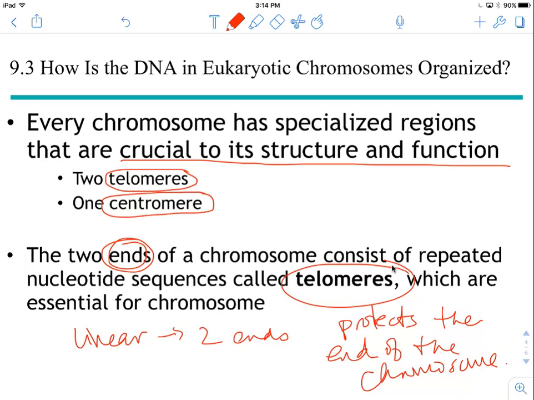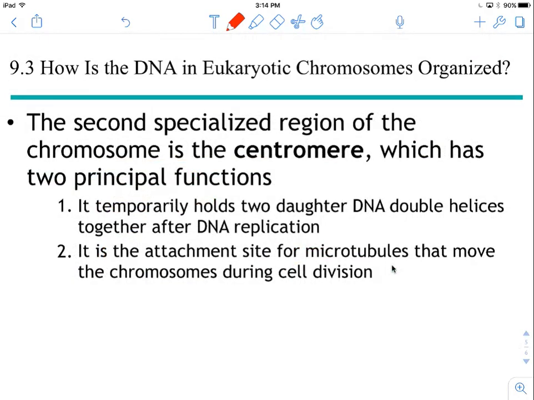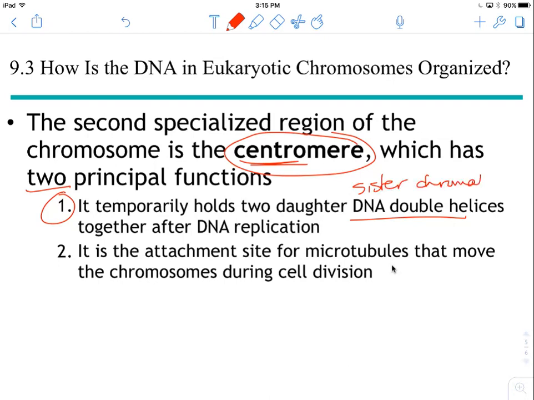Okay, so the telomeres are the ends, and the centromere is in the center, or near the center, of the chromosome. And it has two principal functions. First of all, it holds the two daughter DNA molecules, which we also call sister chromatids, together after DNA replication and throughout most of mitosis.